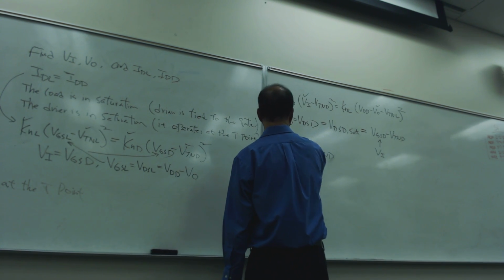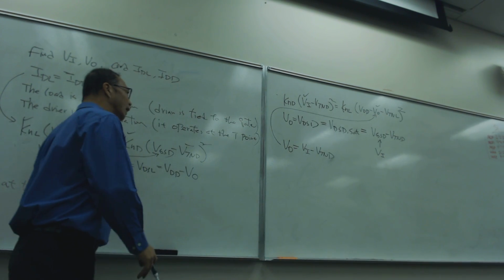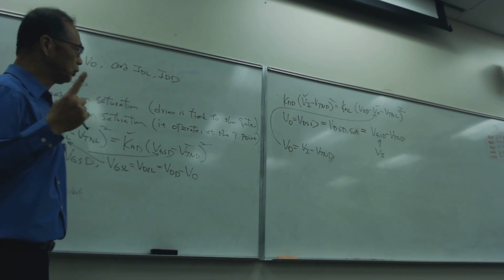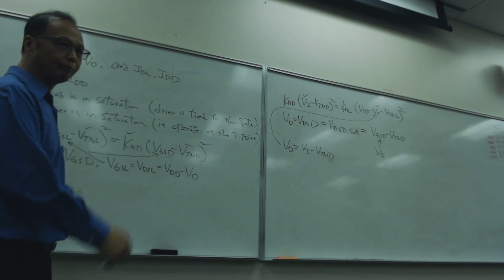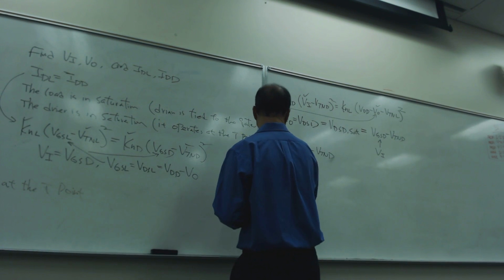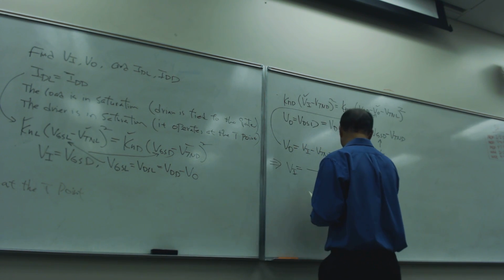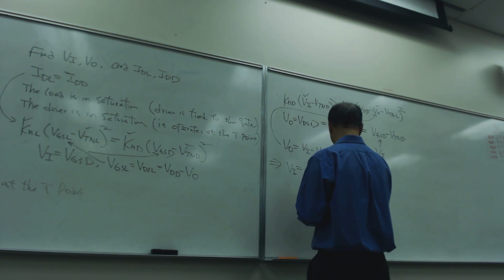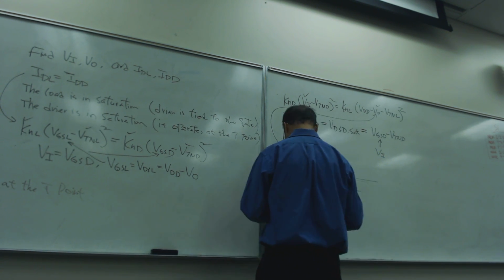Now I'm going to put this in here, and then I would have one equation and one unknown, and the unknown is VI. Okay, so therefore you can derive the equation for VI. I'm going to give you the equation right here. It's not very pretty. Lots of parameters.